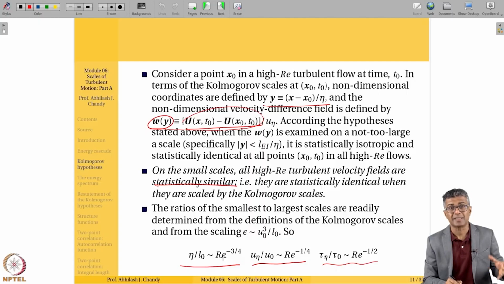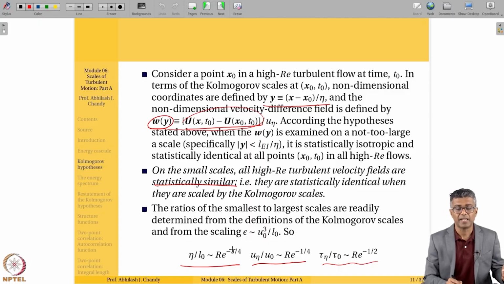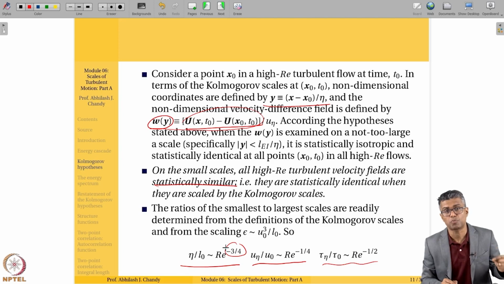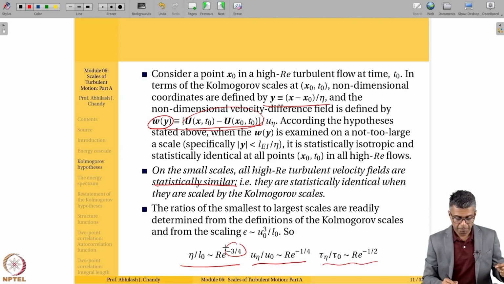That means Re is a large number. A large number raised to a negative fraction is going to become a very small number, which indicates that the length scale of the smallest eddy divided by the length scale of the largest eddy is going to be a very small number.